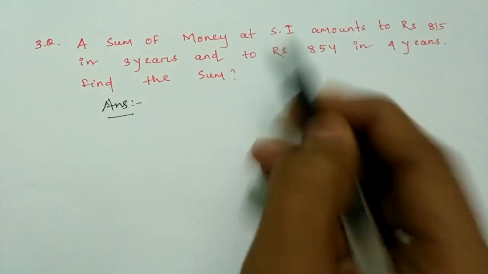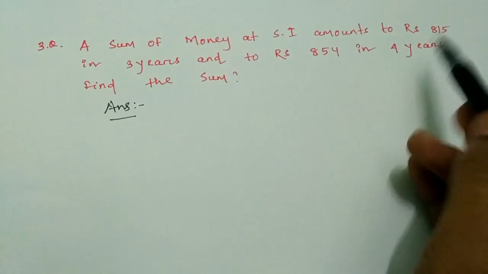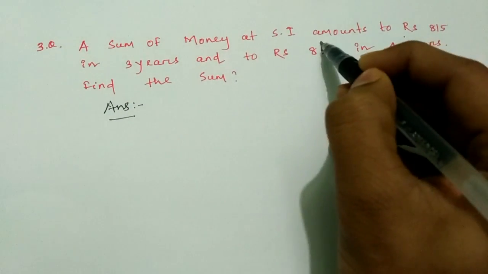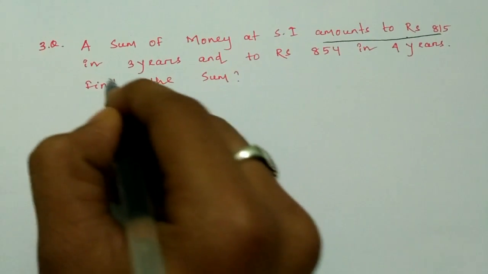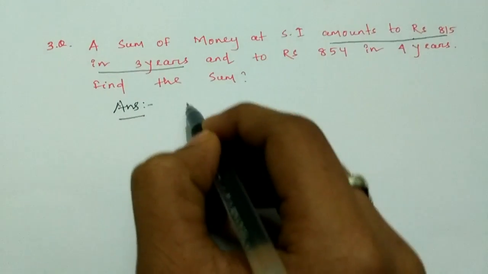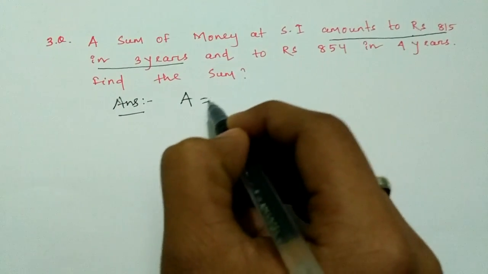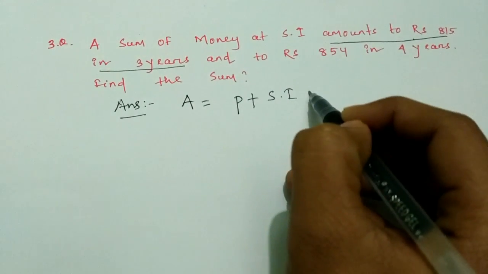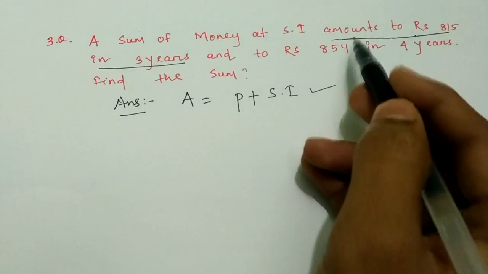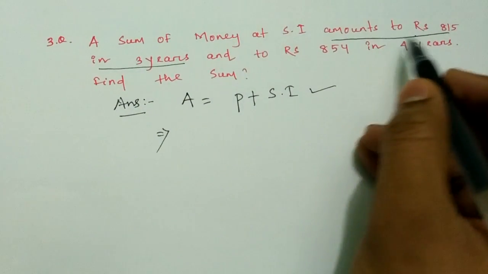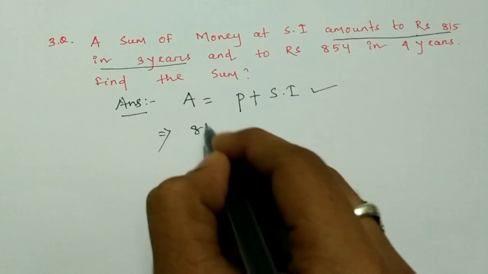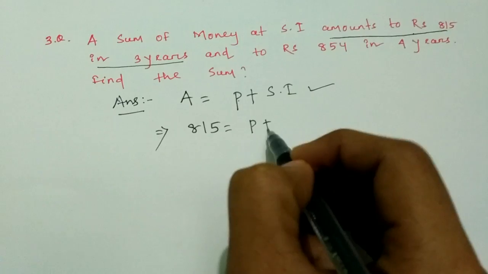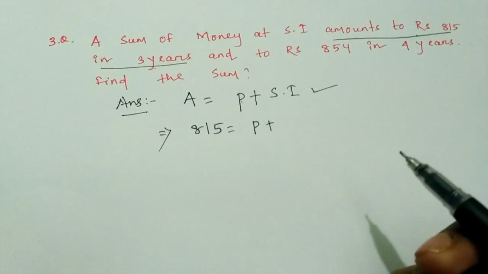A sum of money at simple interest amounts to Rs 815 in 3 years. This is the first statement. As we know, amount is always principal plus simple interest. This is the formula for amount. So here amount to Rs 815 means amount is 815 rupees. We don't know the principal value, and the time period is 3 years.